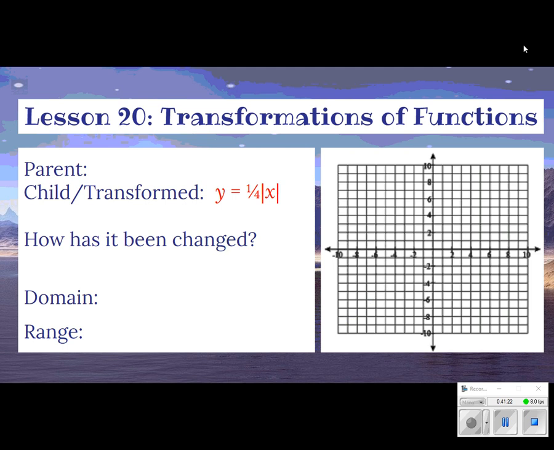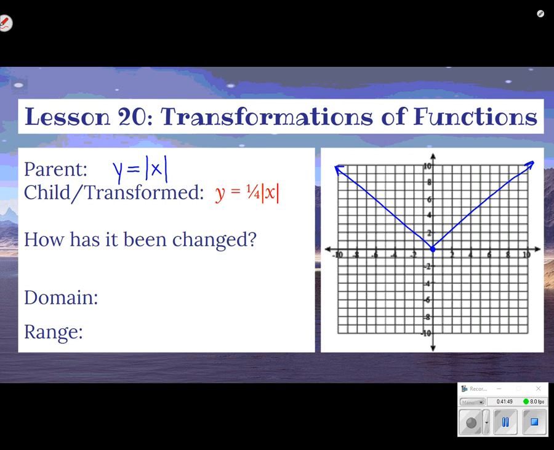Let's try a different one. So what function family does this belong to? You see the absolute value bars and you said absolute value. You are correct. The parent function is y equals the absolute value of x. Absolute value function, parent function starts at 0, 0, and you make a V. Notice again, I'm not drawing a whole bunch of points.